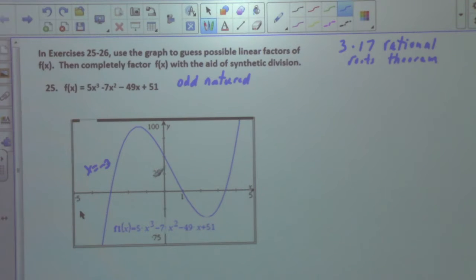So x is equal to negative 3 is likely an x-intercept, right? And doesn't that match pretty well with what Kayla was saying? You can put these things together if you're thinking. And then also x is equal to 1 and 3. So what are going to be possible linear factors of this based on those zeros? Here's what we do.